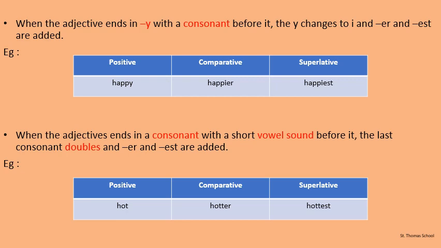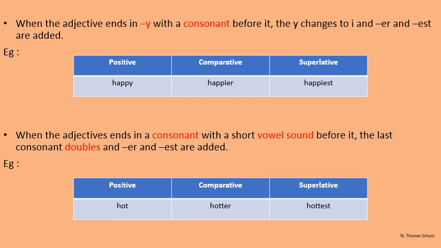The example given here is HAPPY. Y is the ending of the word, and before Y is the letter P. P is a consonant, so what do we have to do? We remove the Y, and in place of Y we add I, and then for comparative we add ER.